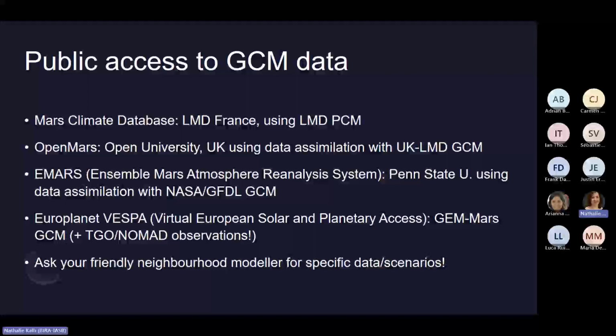It's available online. There's an American one that also uses data assimilation, ensemble data assimilation. There is Vespa that Loic talked about, and GemMars is available there, and TGO Nomad Observations also. It's hard to use, but have some patience. You can get stuff out of it.